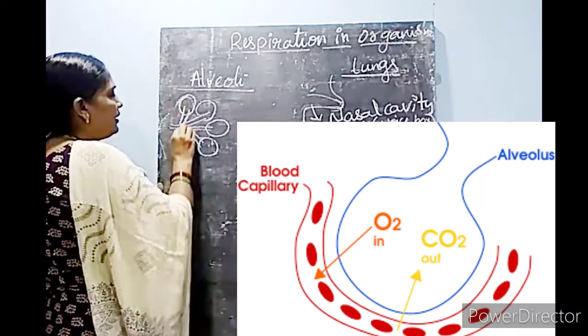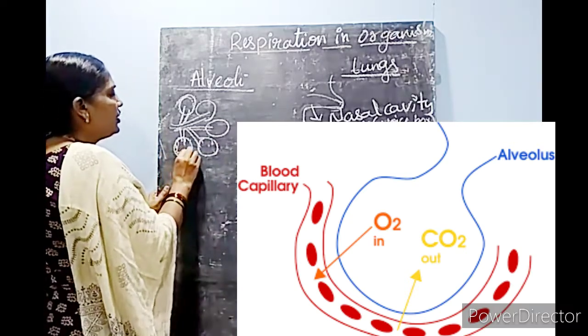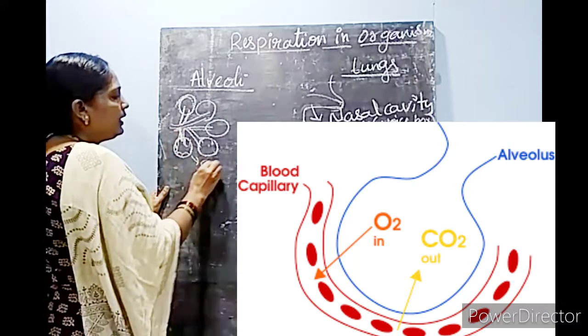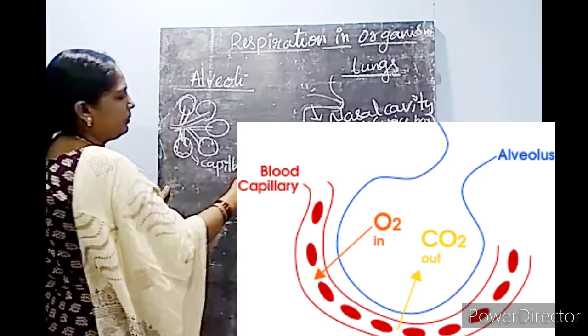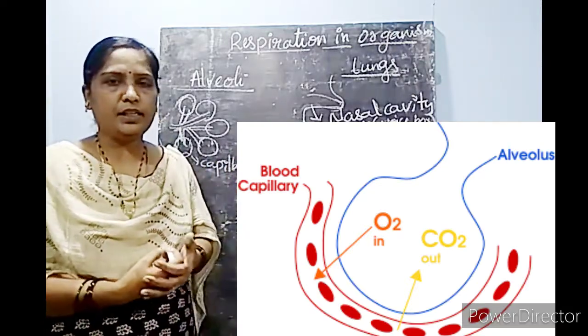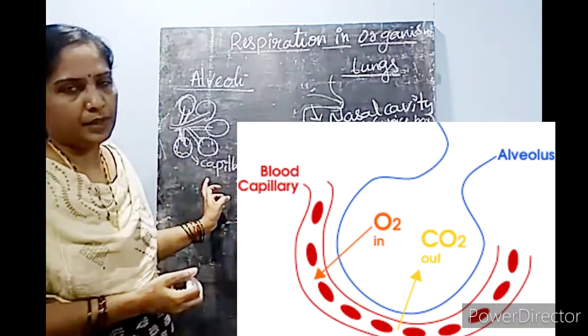They look like a bunch of grapes, and they are richly supplied with blood capillaries. Arteries and veins are divided into thin tubules known as capillaries.